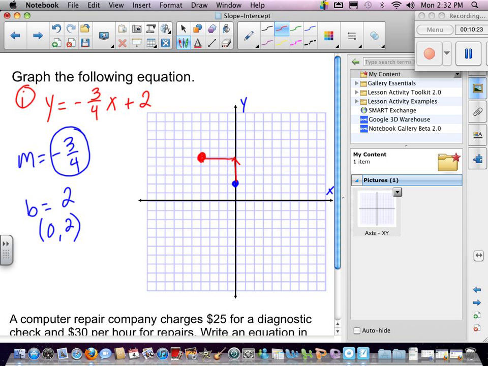Put a point right there. I could also go down 3 and go right 4. Put a point there. And that helps me, instead of having just 2 points, 3 points, make it so that I'm a little bit more accurate with my graph.